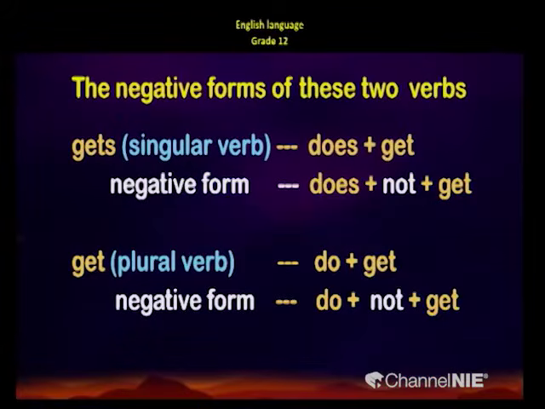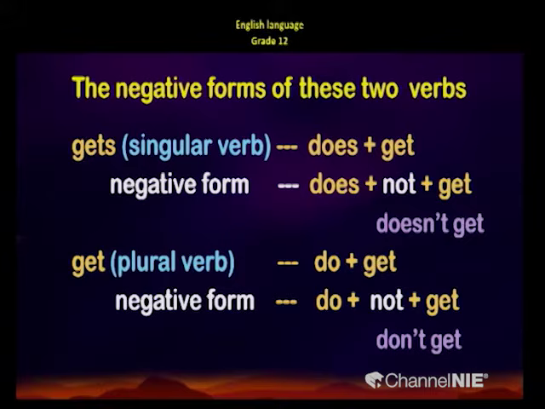In my previous example, Ramya gets on a bus, the verb is a singular verb. So gets. We can divide this verb gets into two parts, does and get. To form the negative, it's very easy: you put not between does and get, so you easily make the verb doesn't get. Then the verb get is a plural verb.